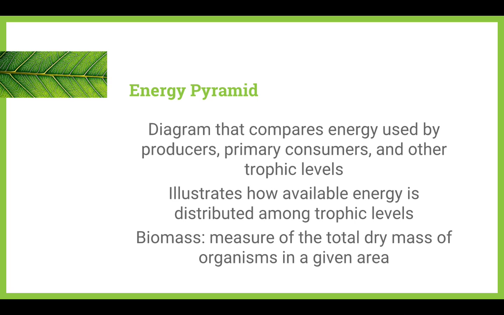And biomass is how we get this energy measurement. It's the measure of the total dry mass of the organisms in an area. So the total mass of all of the organisms in an area, like the total dry mass of grass, which would mean you get all the water out of it.